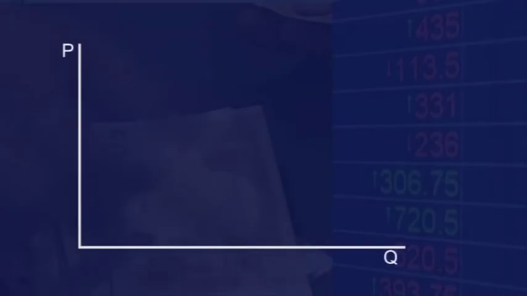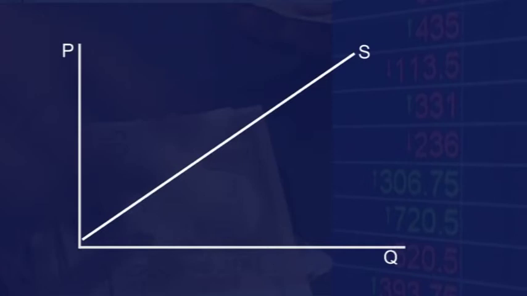If we draw a supply curve like so, and we calculate the elasticity of supply, and you can do this for yourself, you'll find that at any point along this supply curve, the elasticity of supply is equal to 1. A 1% change in price causes a 1% change in the quantity supplied.